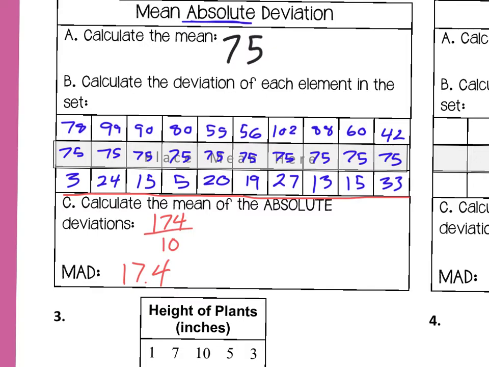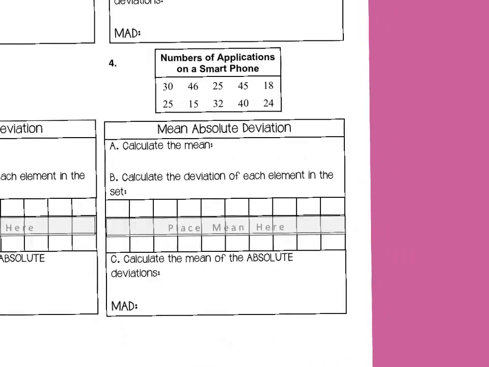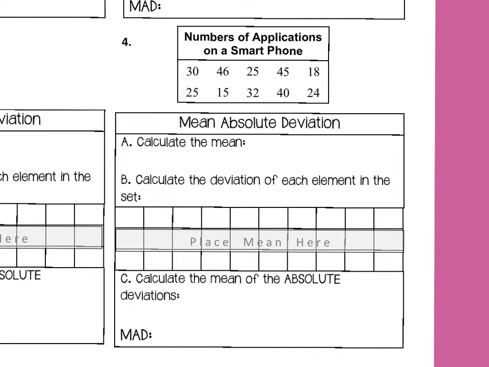Okay, so let's do another one of those. I'll do number 4, and I'll leave number 2 and number 3 for you guys to do. So number 4, we're going to do the same thing. I've said in most of these lessons, it's very important to put your numbers in order from least to greatest.